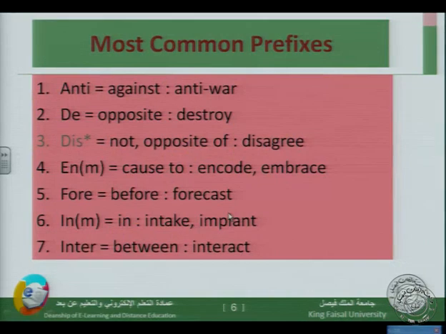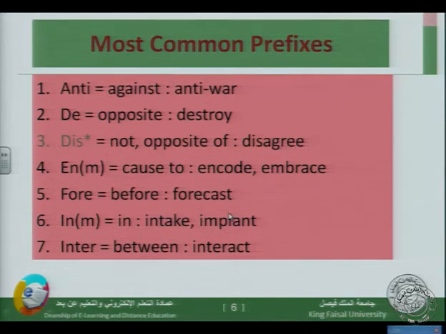Since we know now why we learn it, at least in my opinion, let us start discussing the meaning and give some examples of the most common prefixes in English.